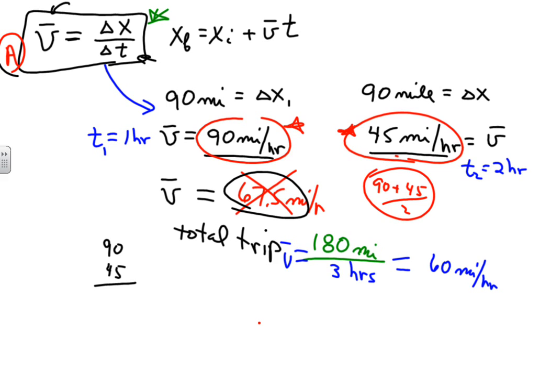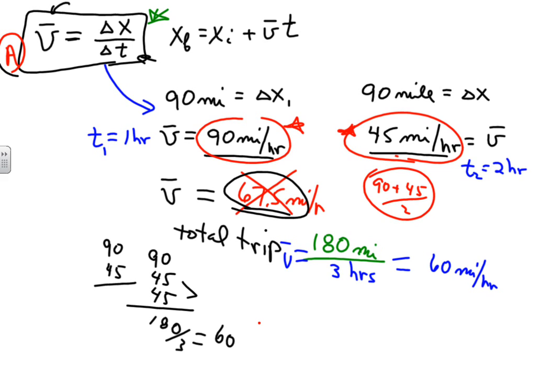But you're going 90 and you're going 45 for twice as long, so it's like you had 3 tests. And if you add these guys up, you got 180, and you divide by 3, and you end up with 60 as your average. So because you spent more time going 45, the average is moved over, not 67.5, but down to 60.